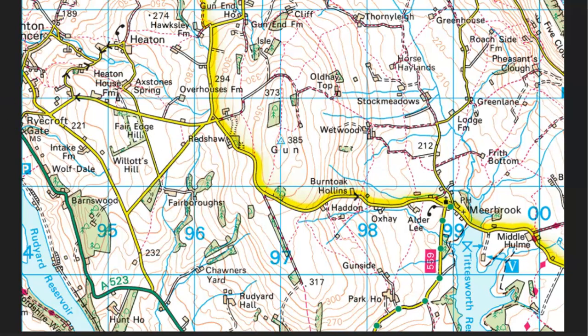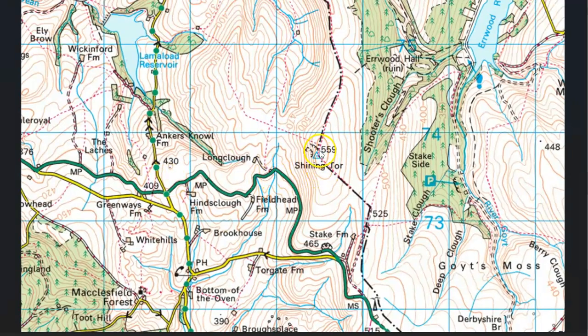We have a look at the next one, Shining Tor. There we've got much steeper ground to our left, but if we were looking ahead and left down, we would expect to see a road between two distinctive blocks of trees, and we don't see that. We see a block of trees with a reservoir straight away, so that doesn't seem to work.